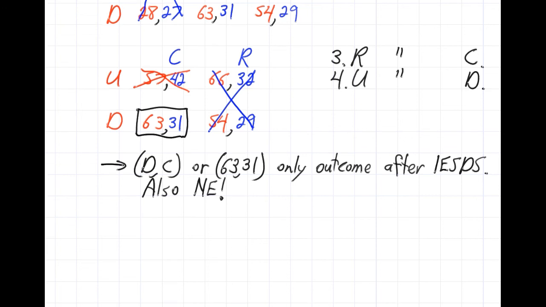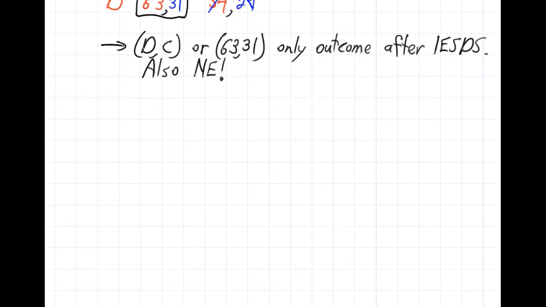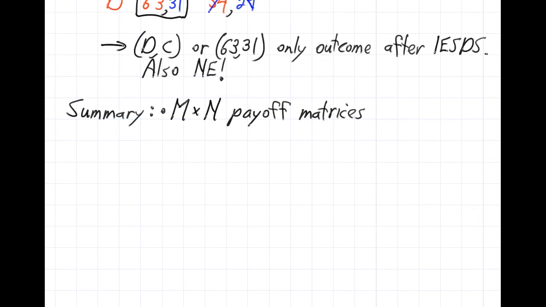Okay, that's all I wanted to talk about, so let's summarize what we've done today. We talked about the notation M by N payoff matrices. We also talked about strict versus weak dominance. We covered this concept called iterated elimination of strictly dominated strategies.